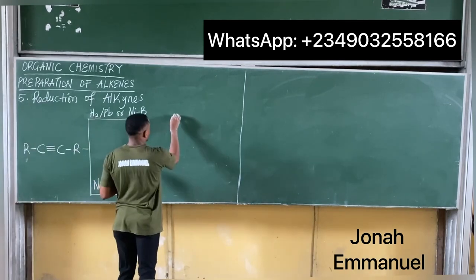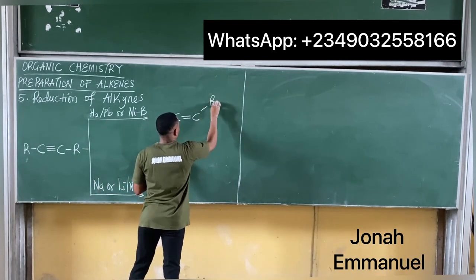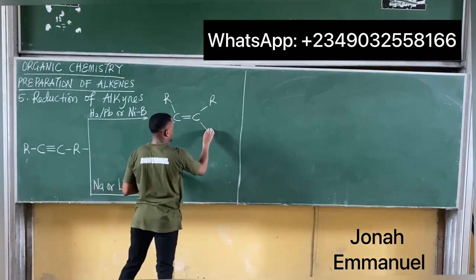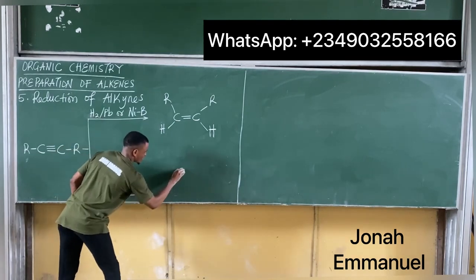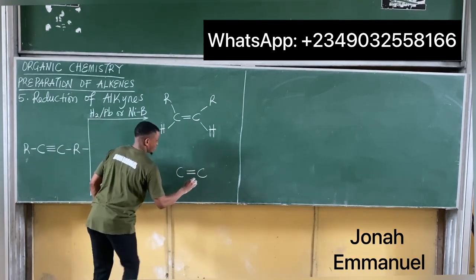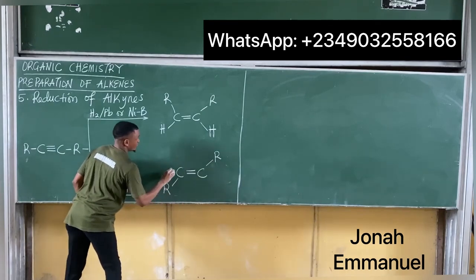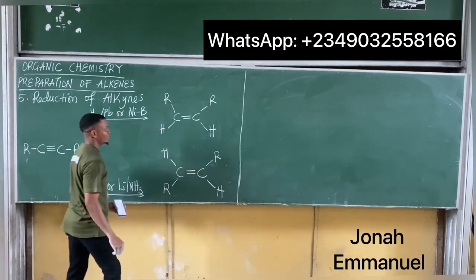Your product is this: R, H. For this one, your product is this: R, H and H.